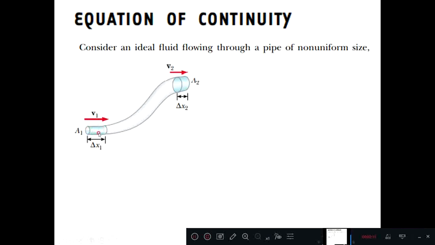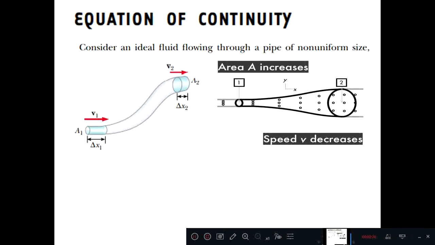It's not uniform, so it's a variable duct. An ideal fluid is flowing through this pipe. Then the particles in the fluid move along the streamlines in a steady flow.